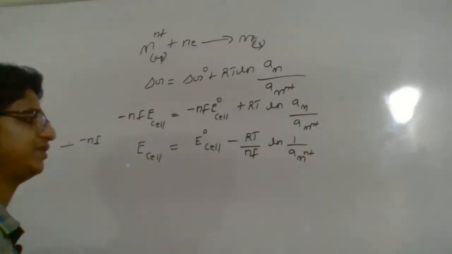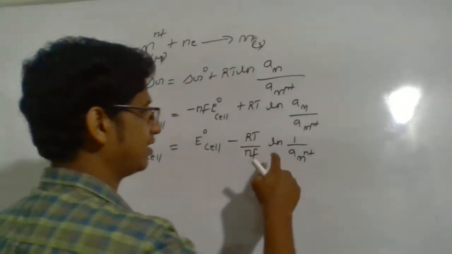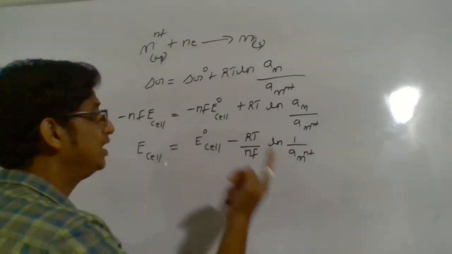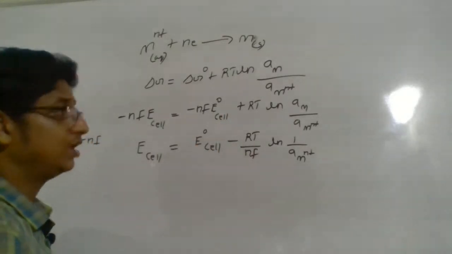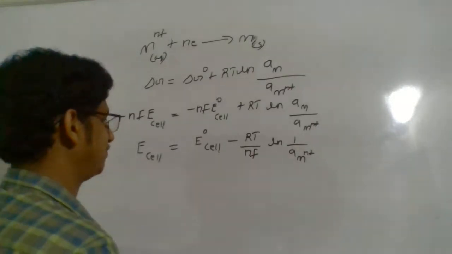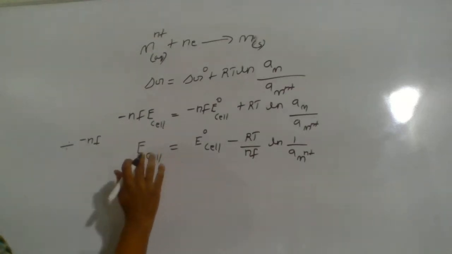That is why we simplified it. Similarly, you can convert ln into log, which means you multiply by 2.303, and substitute the values for R, T and F.